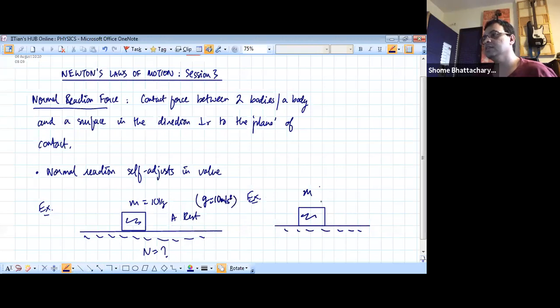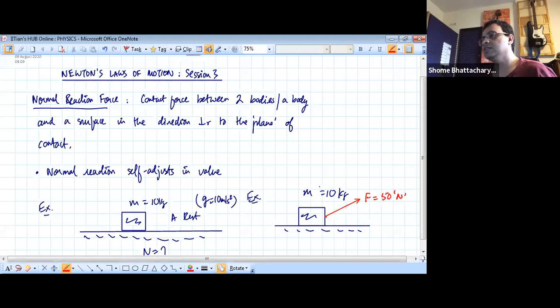Now in the second case, the same mass of 10 kg. If now I'm applying a force like this on it, a force of 50 newtons, but such that the force is at an angle of theta equal to 37 degrees to the horizontal.